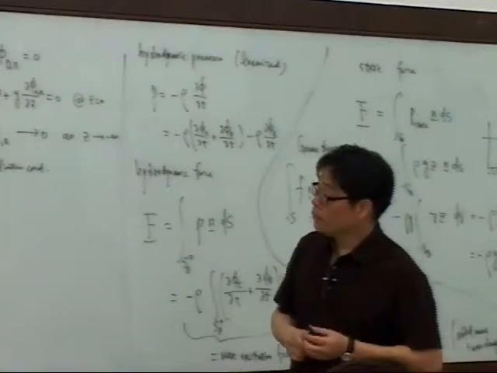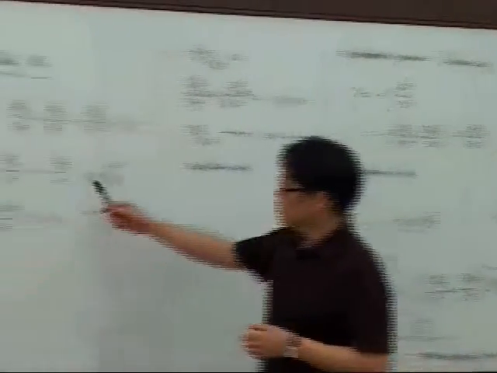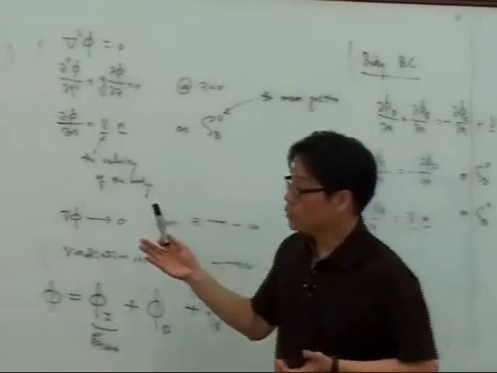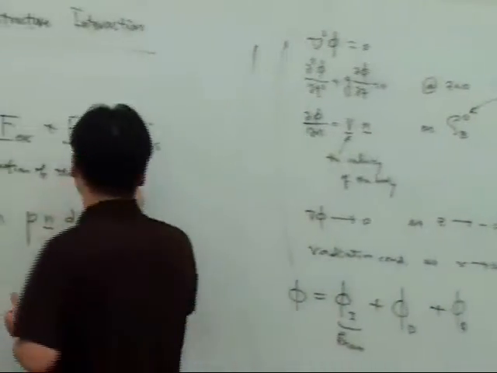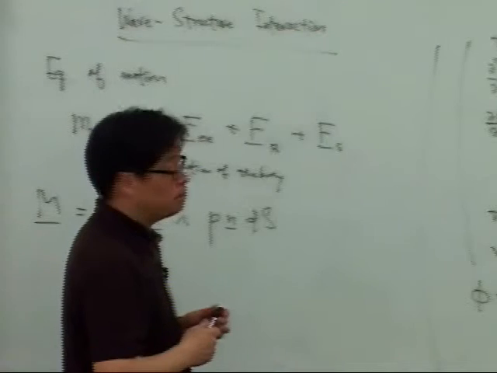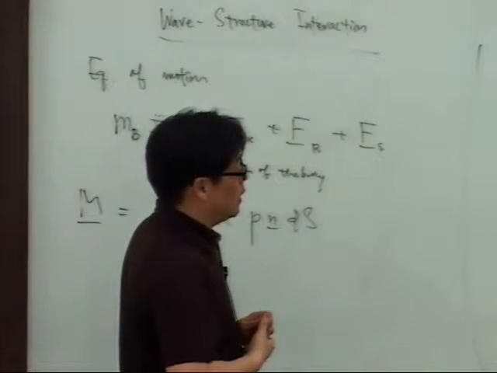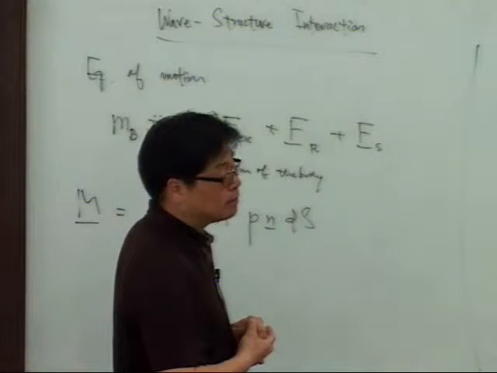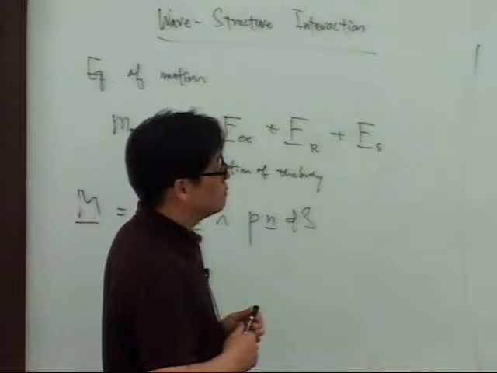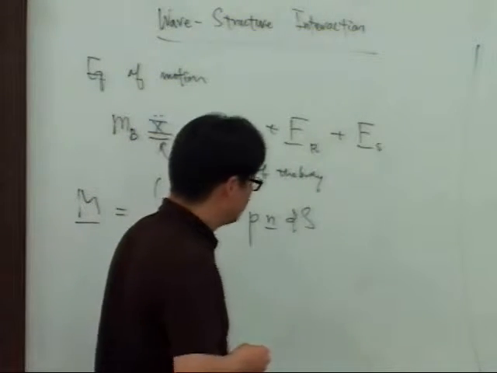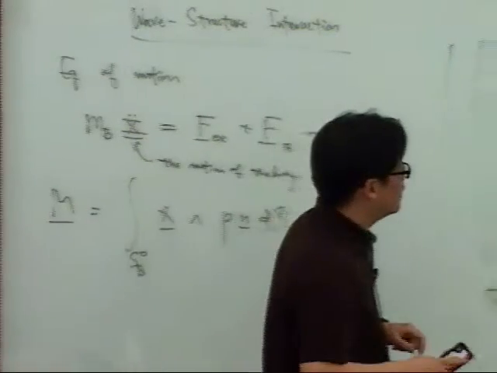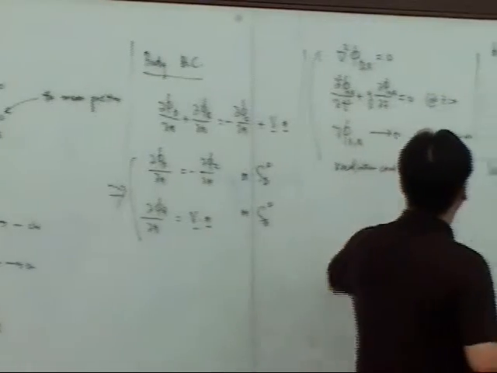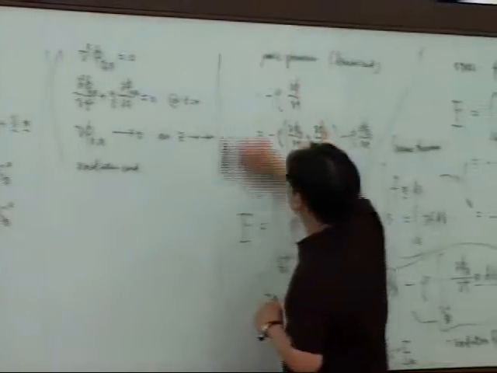And so from now on, what we are going to do is discuss how we solve this boundary value problem and what kind of terms we will get from here. Any questions so far? Okay. Then let's talk about how we solve this boundary value problem.